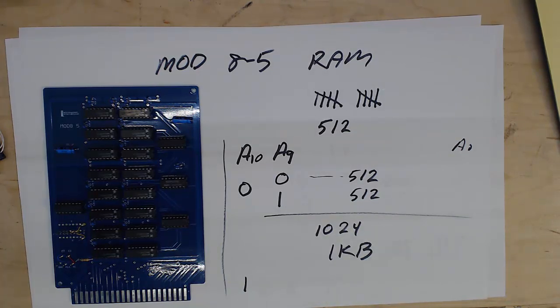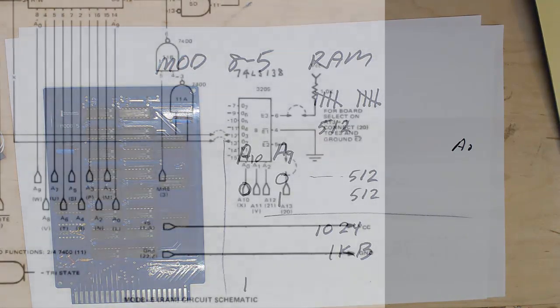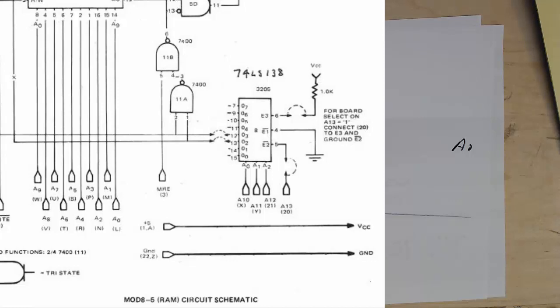However, it is as if somebody completely different designed the decoding for this board. And it's really quite interesting the way they did it, and it's not interesting in a good way. What they did, if we look at the schematic, so here we've got the 3205, the 74138 decoder, just like we had before, but now they've slid that up.